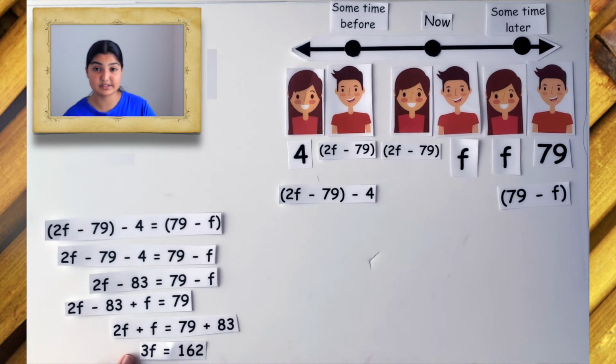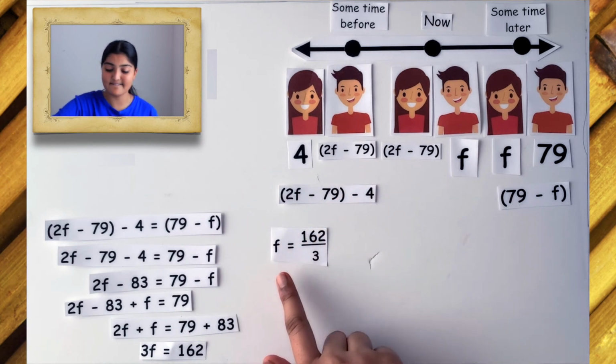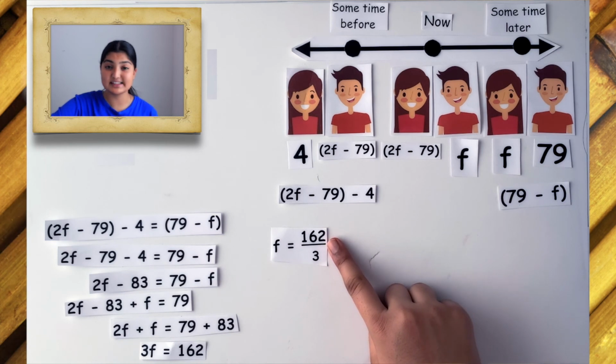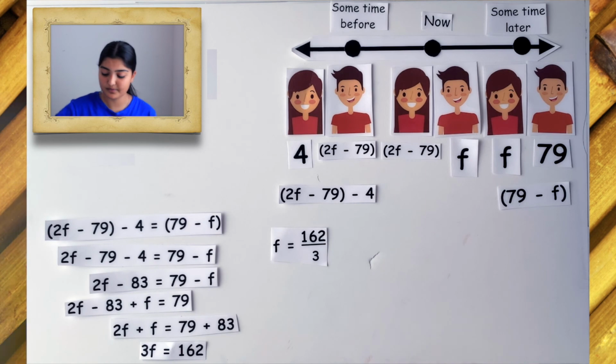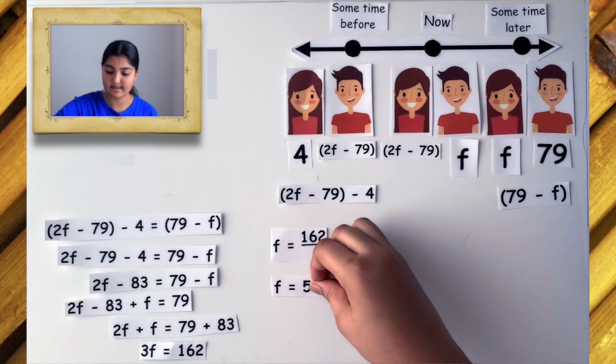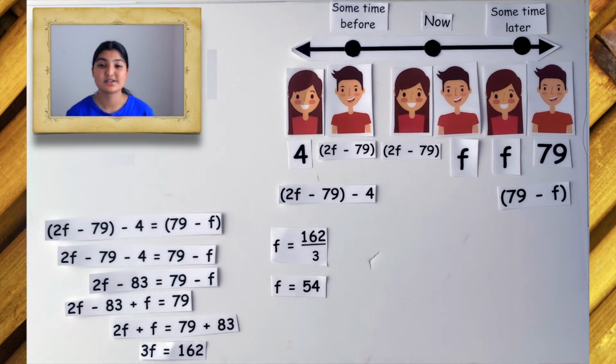Here, 3 is multiplying. So on this side, it will divide. F is 162 over 3, or f is equal to 54. So now we know the value of f. Let's put that on our timeline.